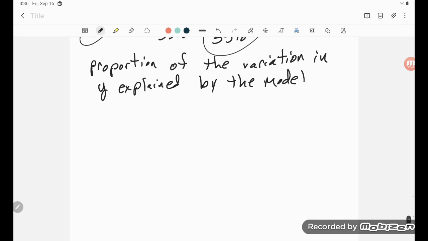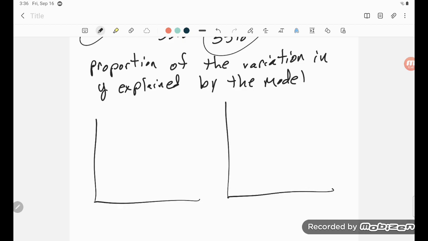So to show a little more, to kind of compare a couple things. You could have, I'm going to just put 4 y values in here. So there are my 4 y values.